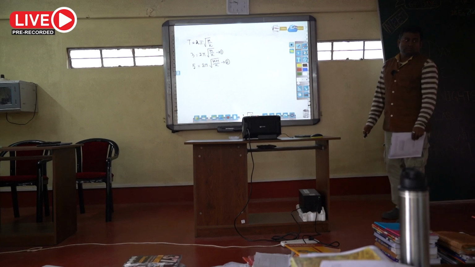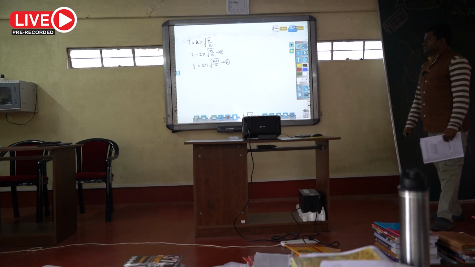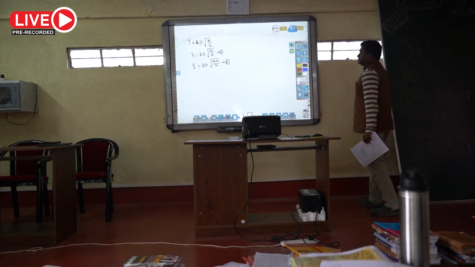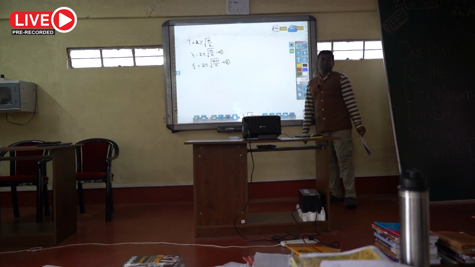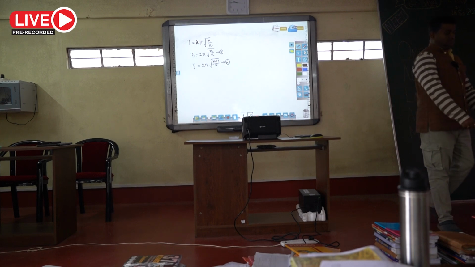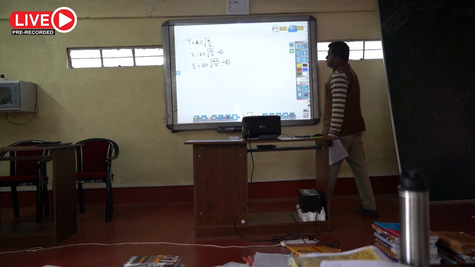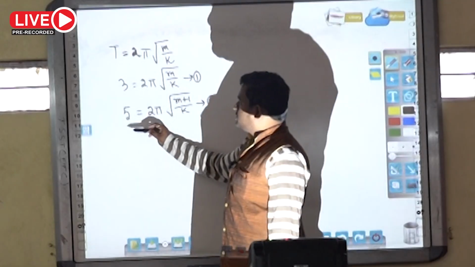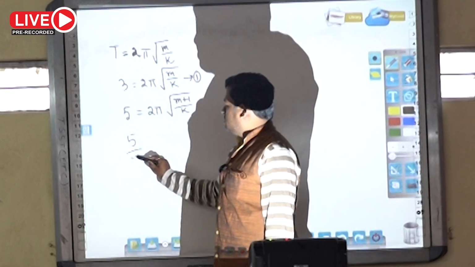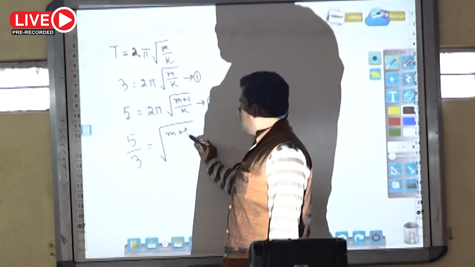We can also write T is directly proportional to root m. So if I divide equation 2 by equation 1, then it will be 5 by 3 equal to root over m plus 1 by m.